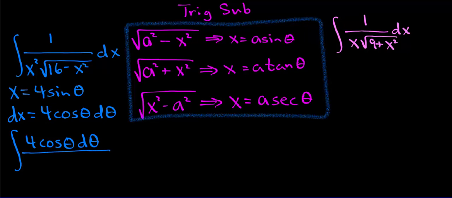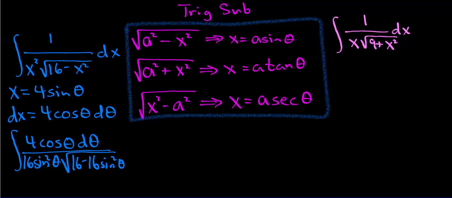Down in the bottom, I've got 16 sine squared theta. See, all I did was I put 4 sine theta in place of x. And then in here, I've got 16 minus 16 sine squared theta.